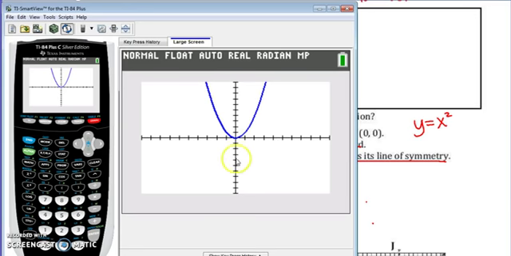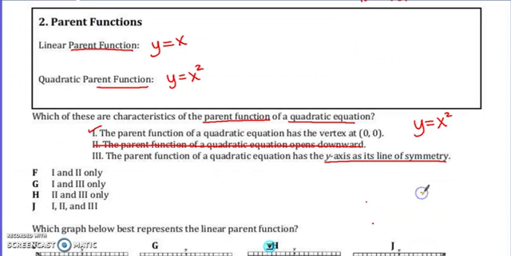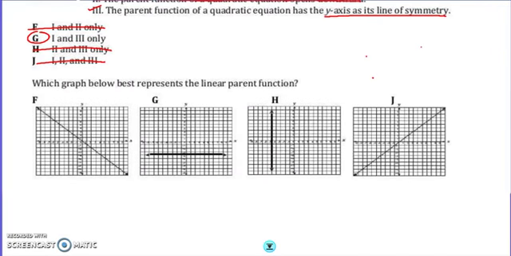Is that the line of symmetry? Yeah, it is. It's cutting that graph in half. And just by looking at y equals x squared, you probably can't answer those questions. But if you graph it in the calculator and look at it, you can. So this is also correct. So I need 1 and 3. This is 1 and 2. 1 and 3, that looks good. 2 and 3, no. 1, 2, and 3, also no. G is correct. 1 and 3. Okay? This next one down here.